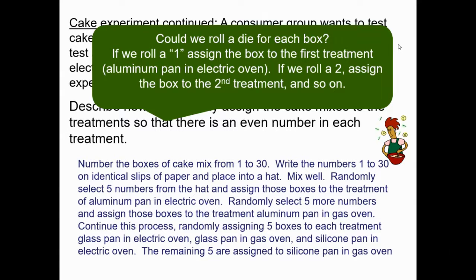Then you could roll the dice. Because also those boxes could have been made at slightly different times, and maybe you happened to buy 30 that were one right after the other. Just again, randomize, randomize, randomize.